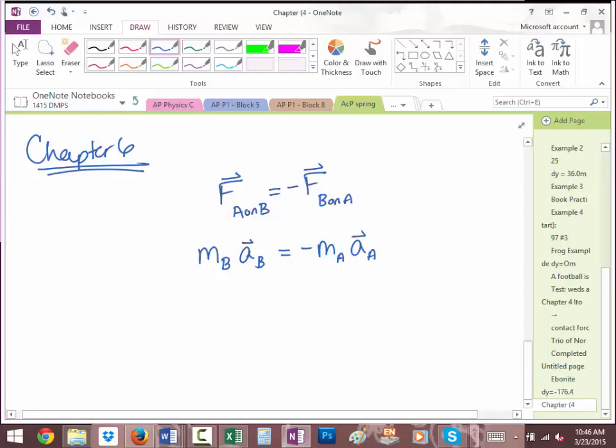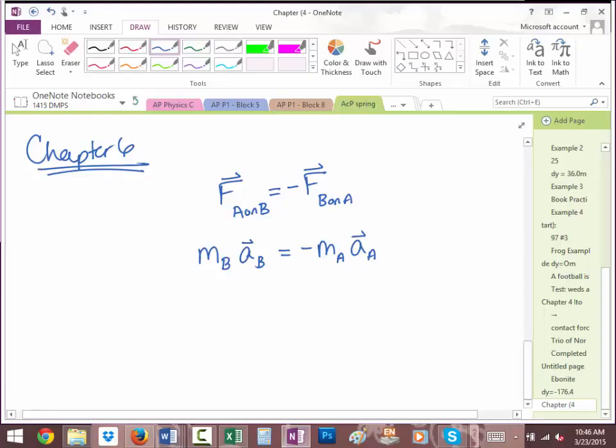Is that okay? And now I'm going to take it one step further. What is acceleration? Like the very first stuff we talked about. What does it mean to accelerate? Change in velocity. Does that sound familiar? Change in velocity over a time. So now I'm going to write this out.